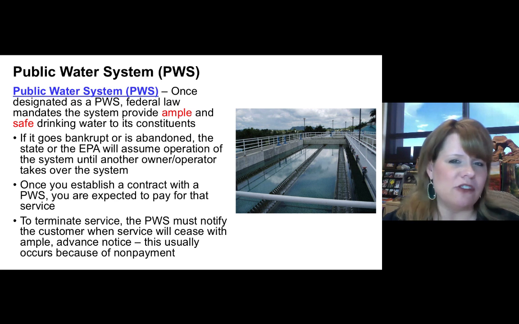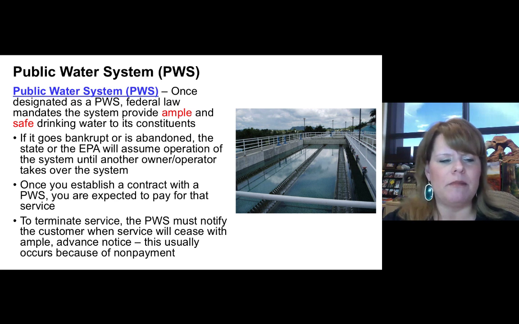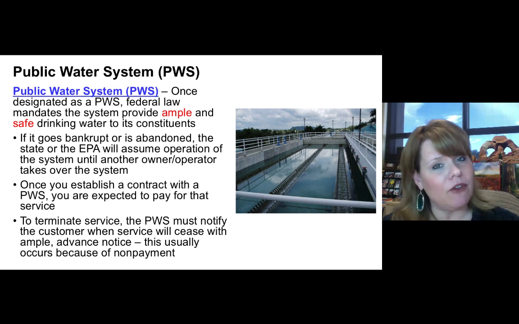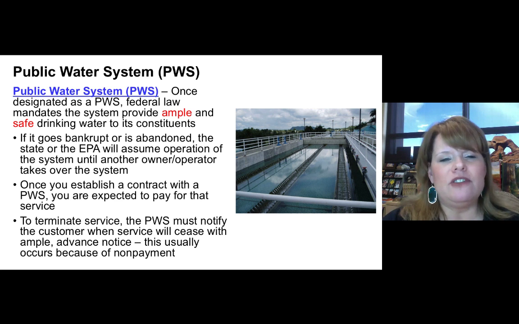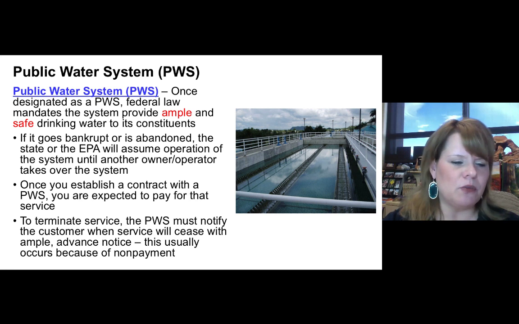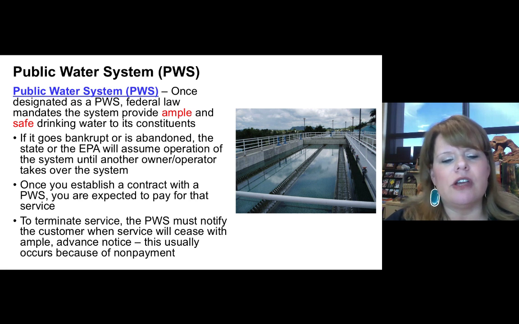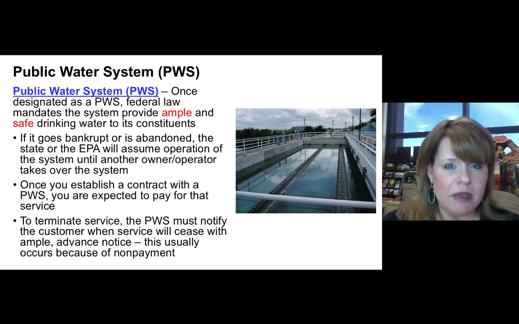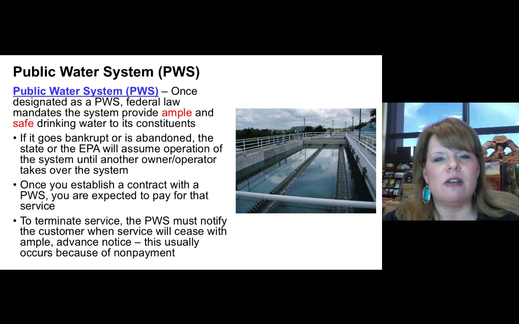Once you, as the customer, establish a contract with a public water system, you are expected to pay for that service. To terminate service, the public water system must notify the customer when the service will cease with ample advance notice, and this usually occurs because of non-payment. The same would be true if you're stopping service as the customer. You have to give them a certain number of days notice so they can adequately shut that service down.